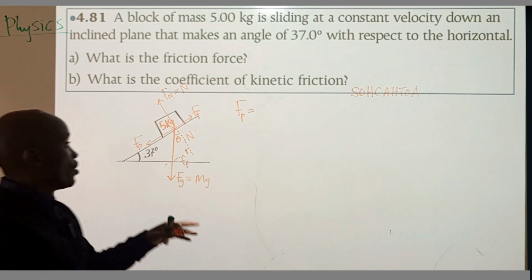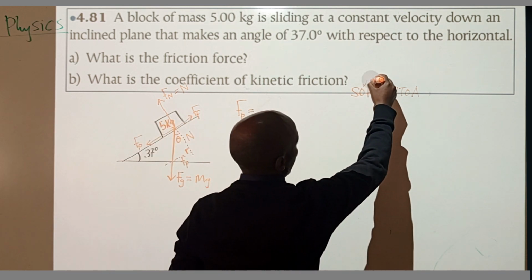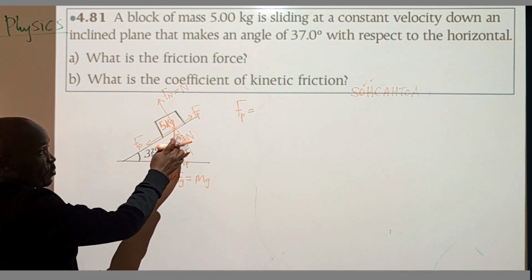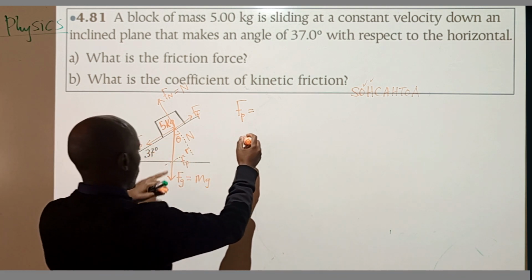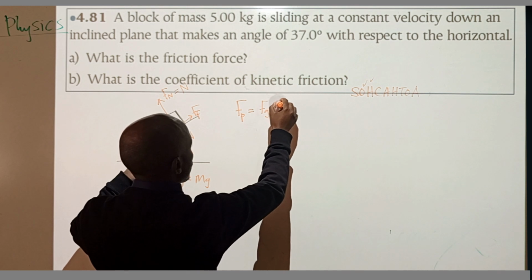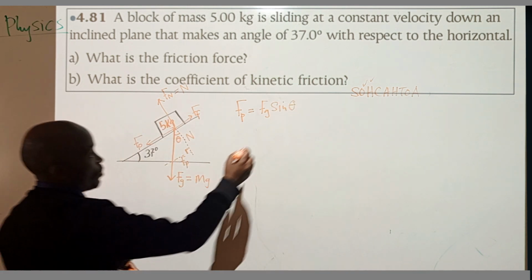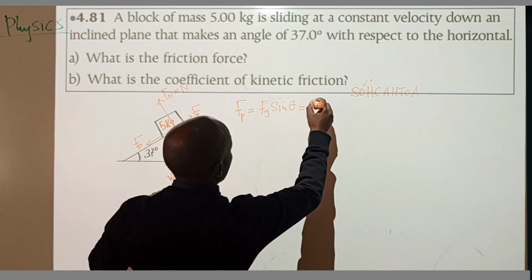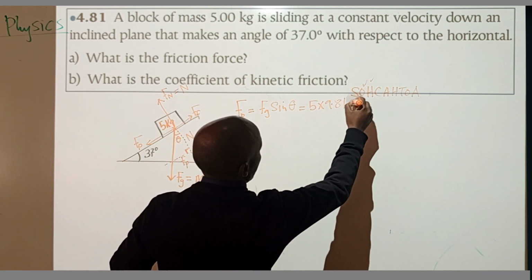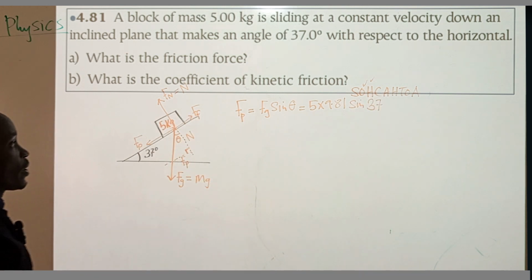Each time you have the opposite and the hypotenuse, we're going to have Fp equals Fg sine of theta, which means mg, that is 5 times 9.81, then sine of 37, that will be our value there.